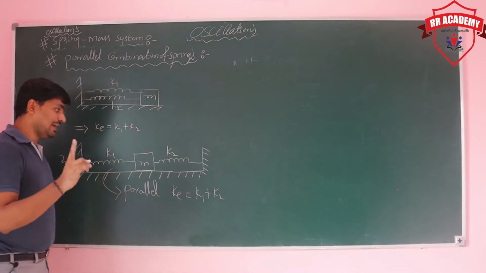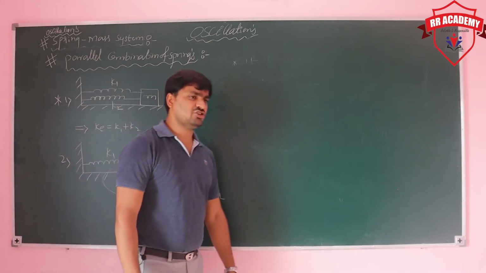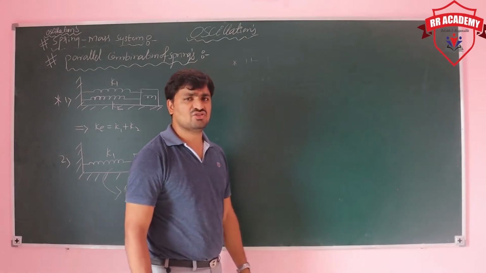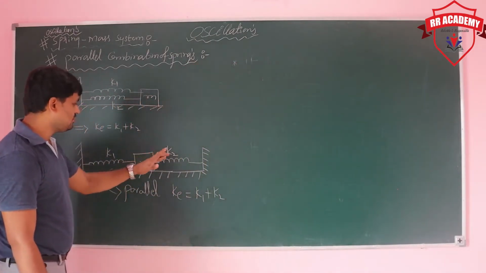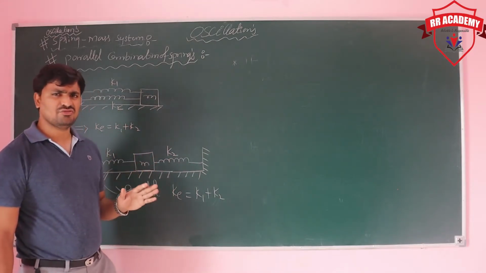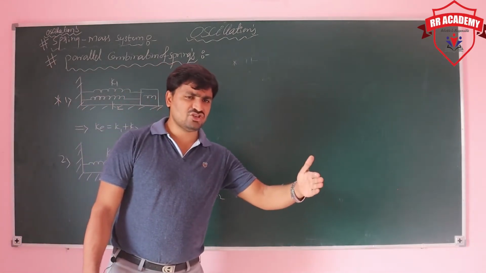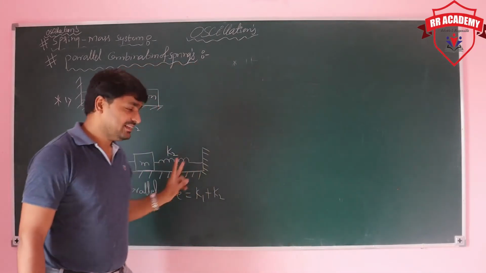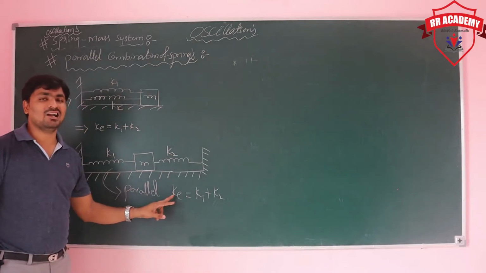And one more thing: in a parallel combination, the extension in one spring is equal to the compression in the other spring. One extension plus x, another compression minus x, that should be equal.